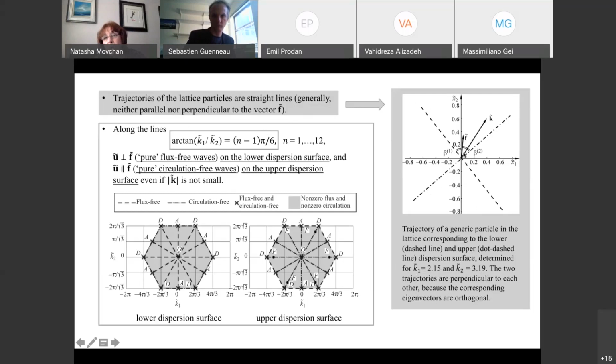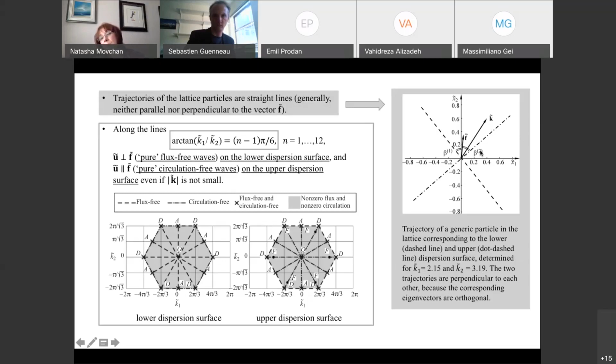In this case, the two vectors, vector f, which is associated with the notion of lattice flux and lattice circulation, and the vector k are not the same, and they even have different directions. And we can find the angles between the vector f and the corresponding trajectories for the lower and the upper surfaces, which are called here beta 1 and beta 2.